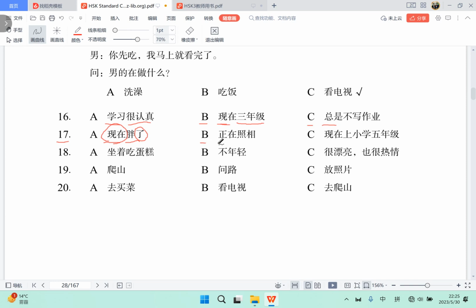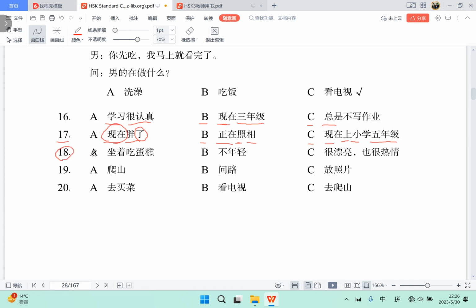And B, 正在照相, so 正在 is an action in progress, 照相 is to take a photo, and here 照 is the verb. And C, 现在上小学5年级, now studying at the fifth year of primary school. 上小学, study at primary school, and which grade, 5年级, fifth year.